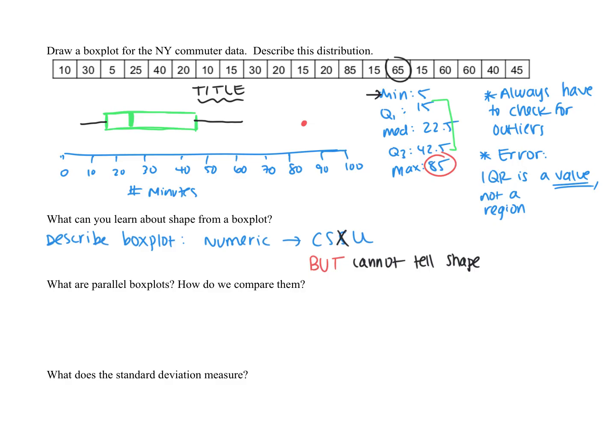So you'll do center and spread and unusual, but you will not do shape. And you should be asking yourself, why can I not do shape? Well, a box plot is based on 5 numbers only. Do you see that I can put whatever numbers I want in here as long as these don't change, which would change the shape? So a box plot tells you nothing about shape, but you can talk about center, spread, and unusuals.